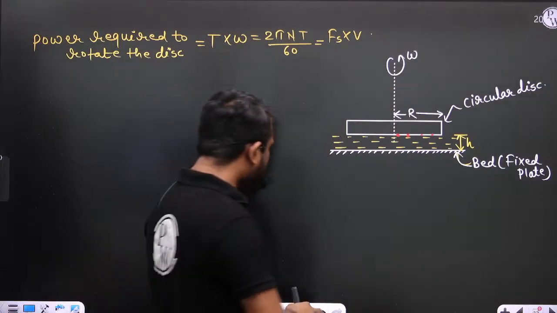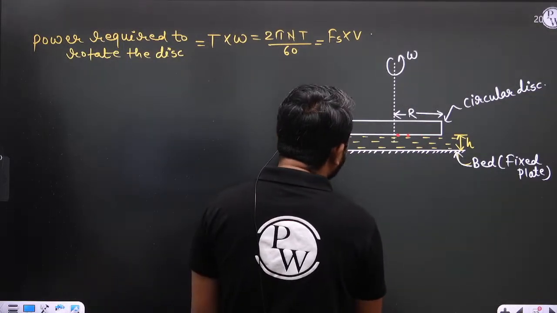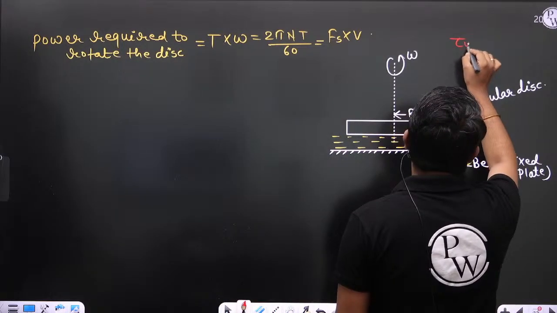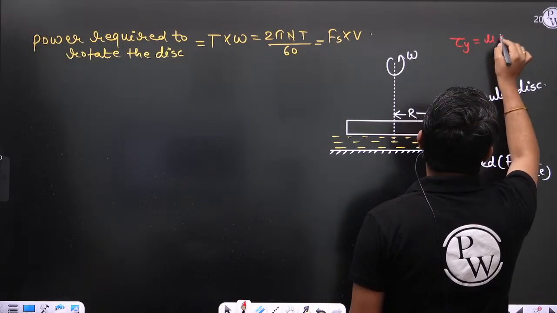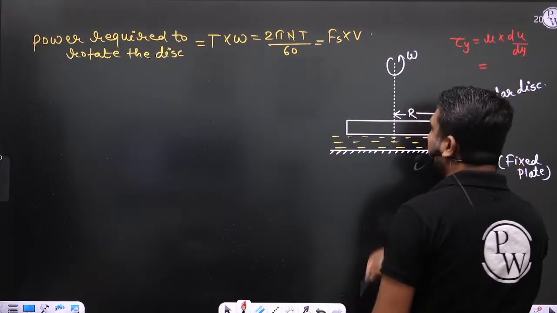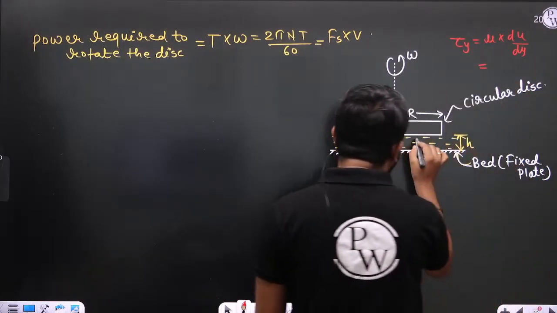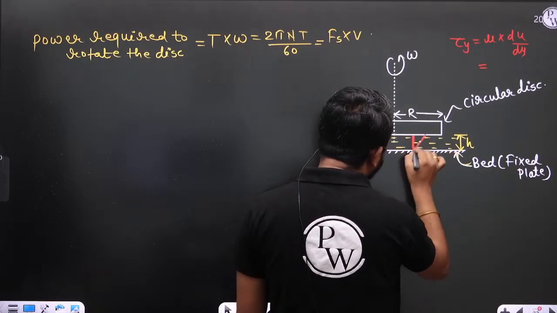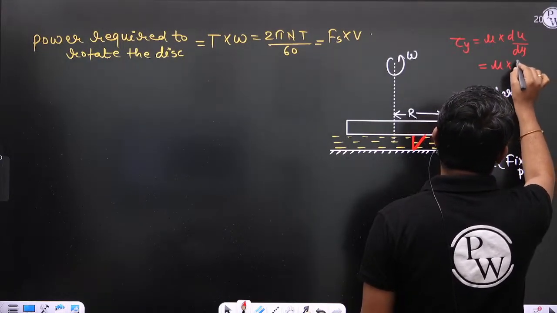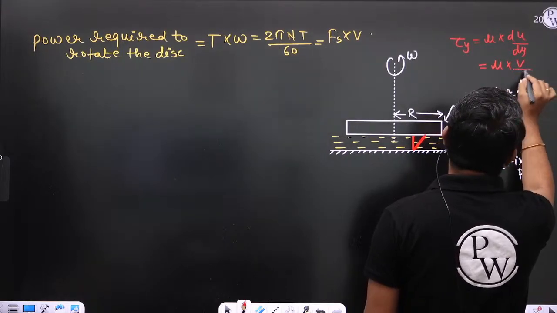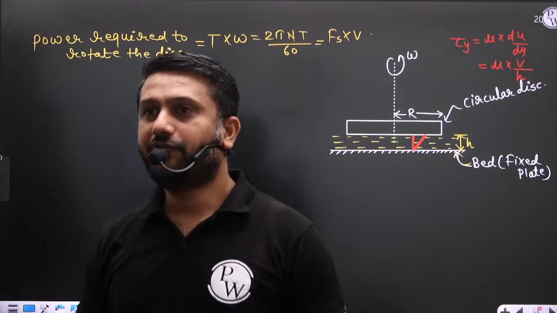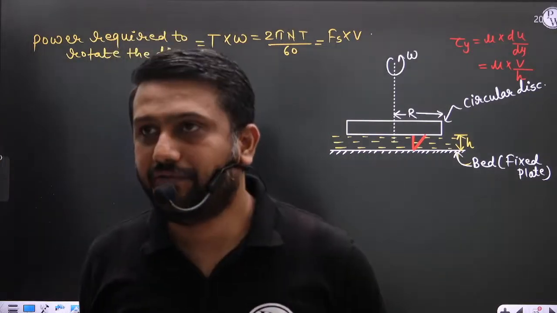So if you write Newton's law of viscosity, tau at any y is equal to mu du by dy. And if there is a linear velocity variation, we can write mu multiplied by (v minus 0) divided by h. So in this case, v is a function of r.